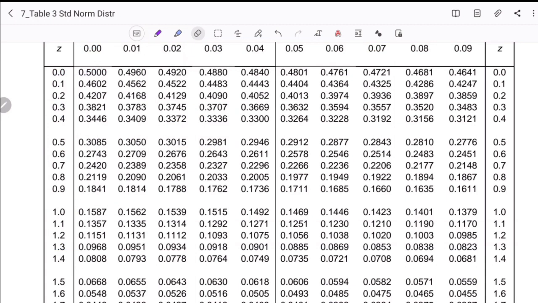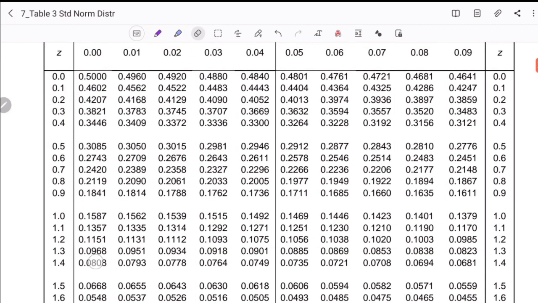So take a look at the standard normal table. Find here for the value of 0.1151, which is here. So the value is Z greater than 1.20.